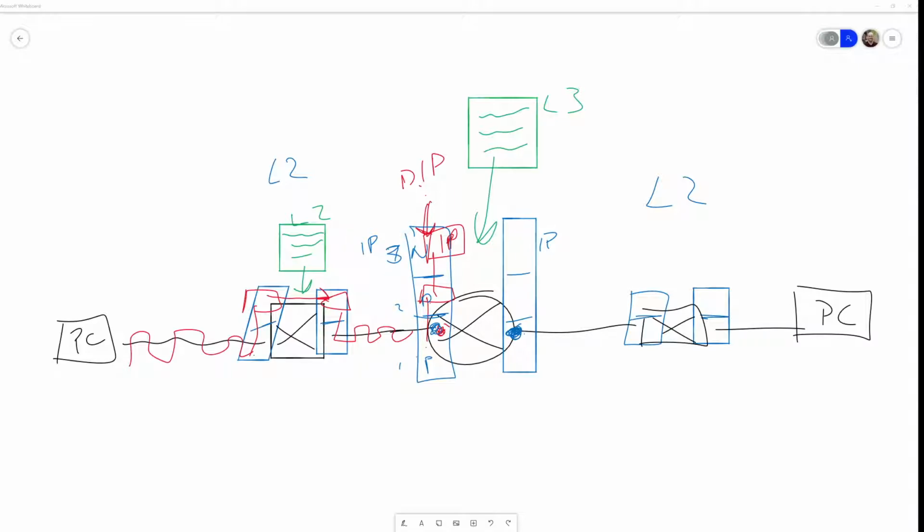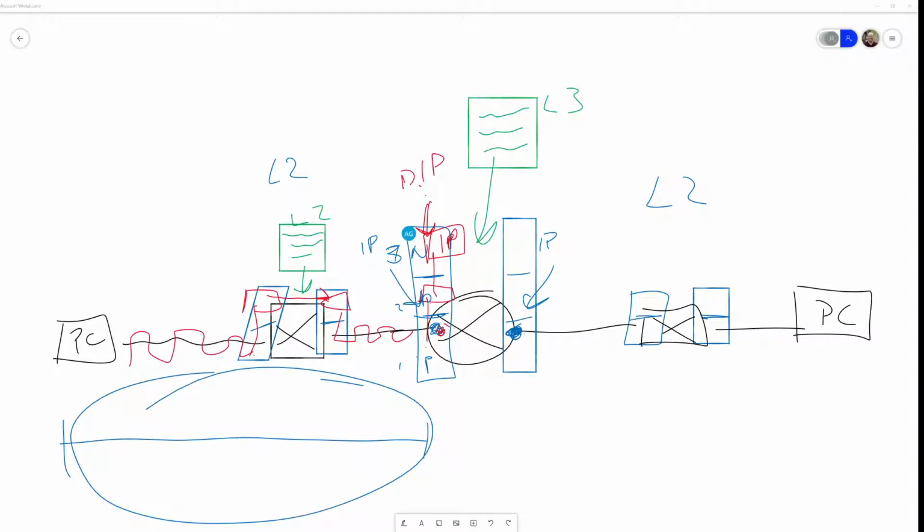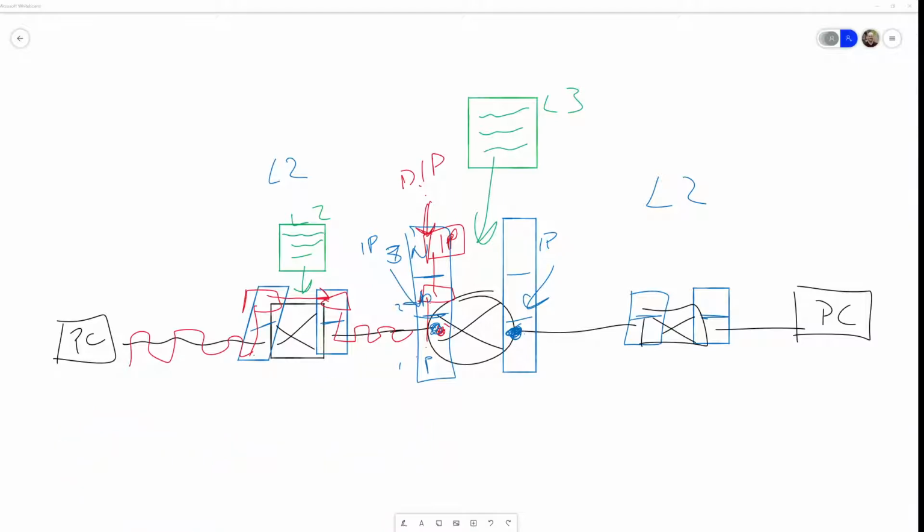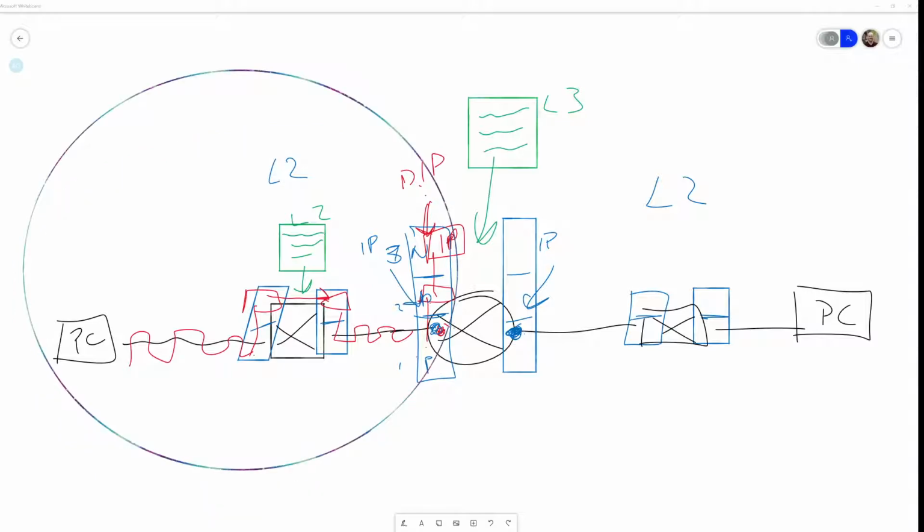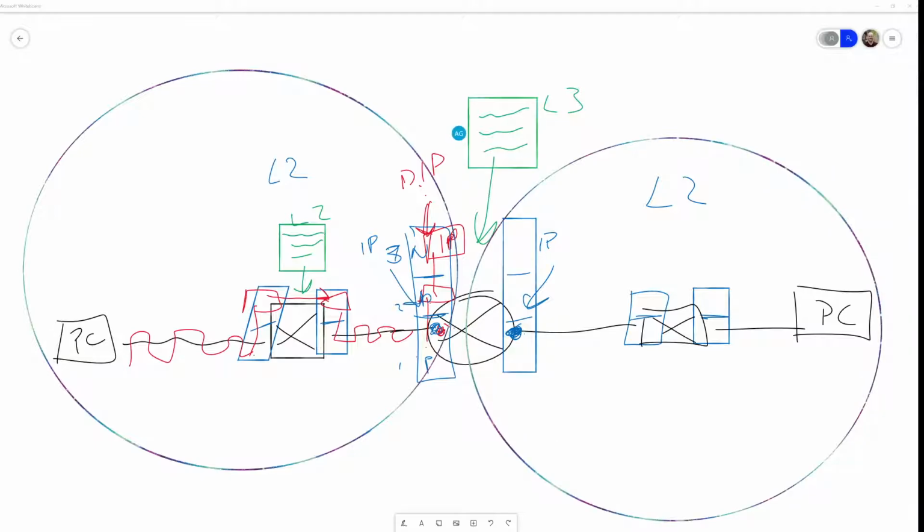And so the IP address attached to the router here and attached to the router here will have to be 2 discretely different subnets. Let me draw that differently. That subnet represents this environment over here, and this subnet represents this environment over here.